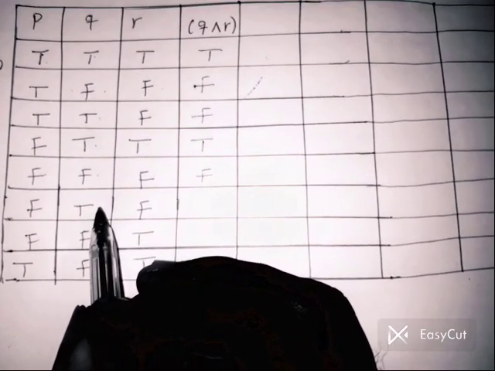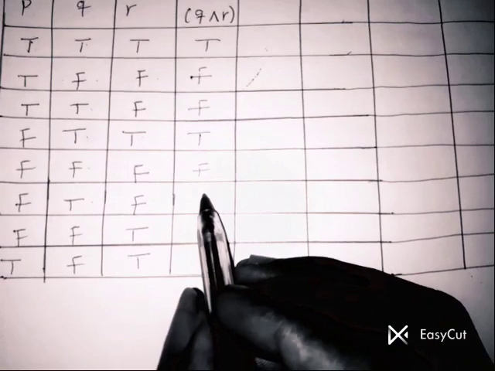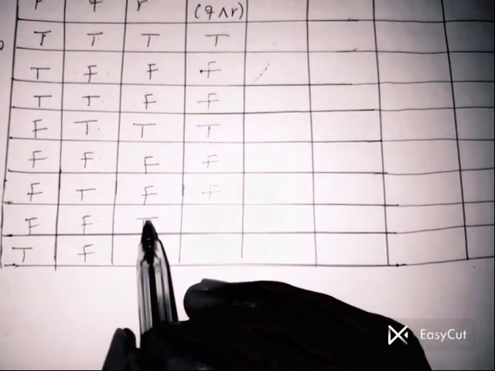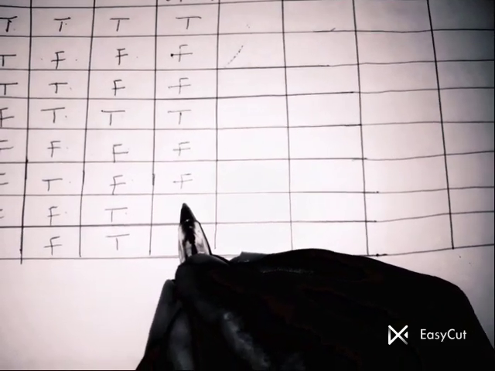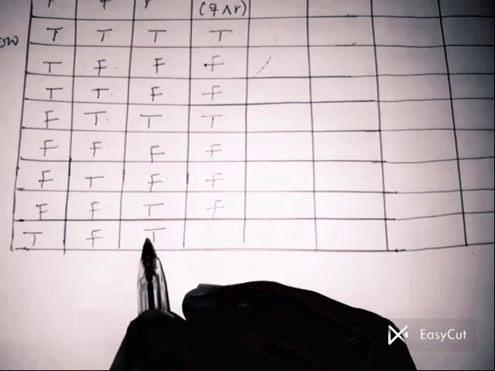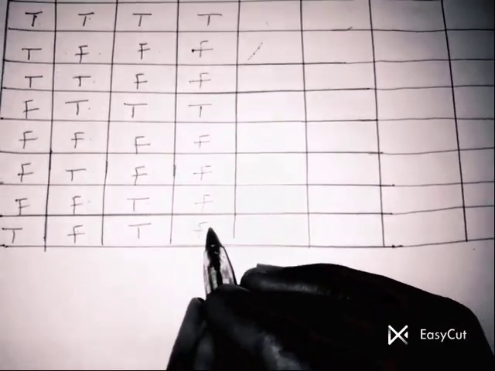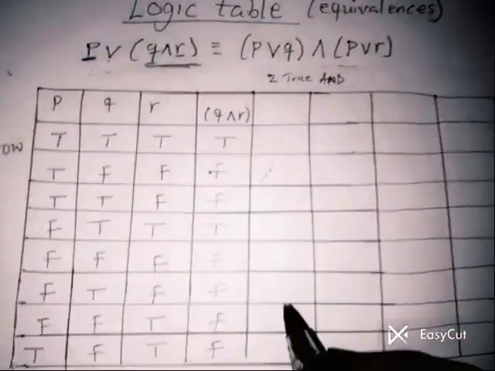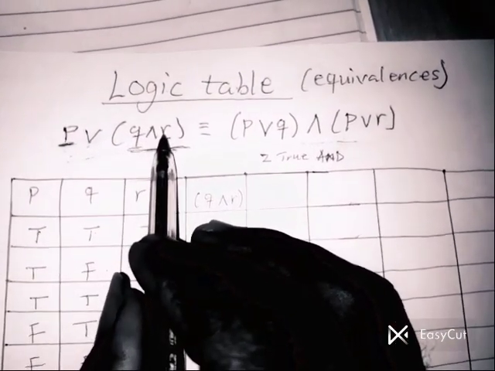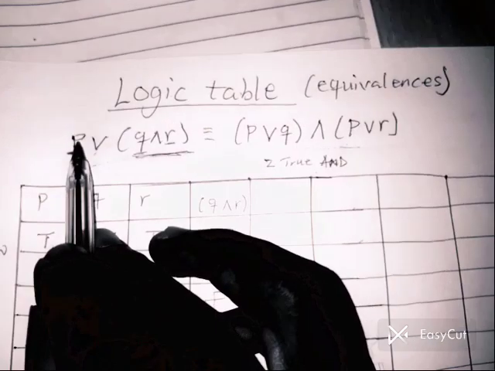Q is true, R is false, so here will be false. Q is false, R is true, this side will be false. Q is false, R is true, here too will be false.